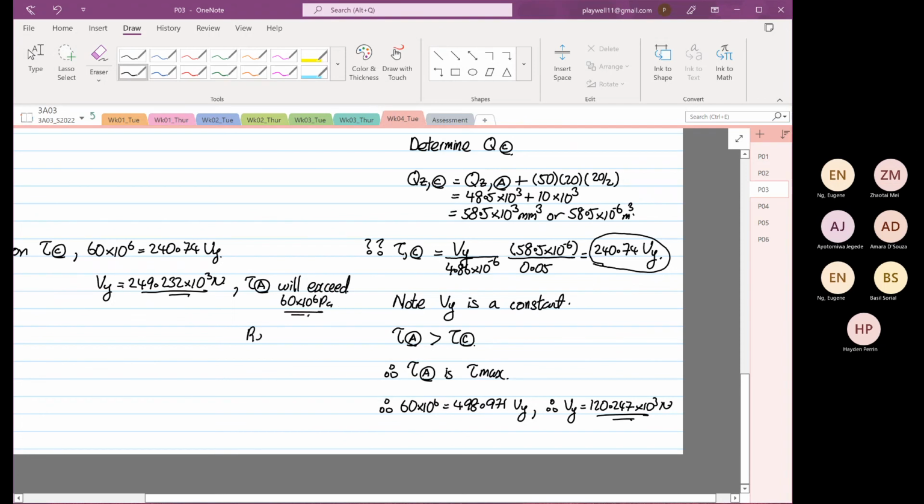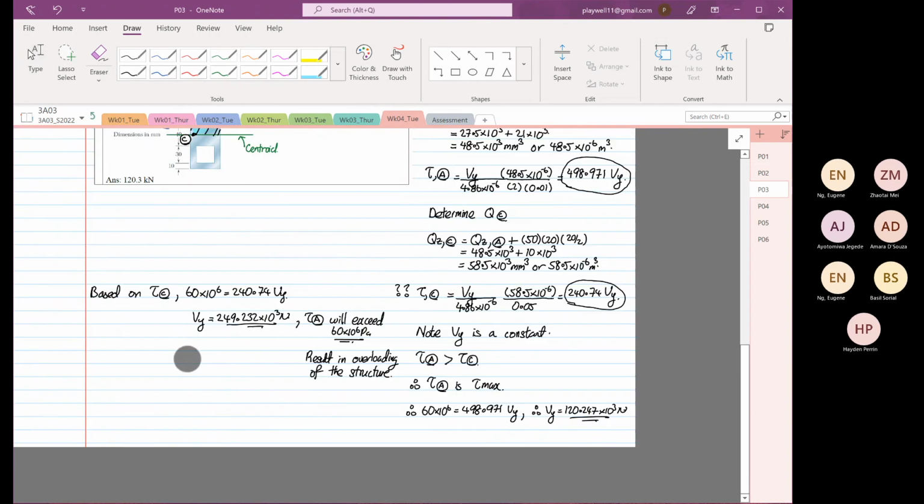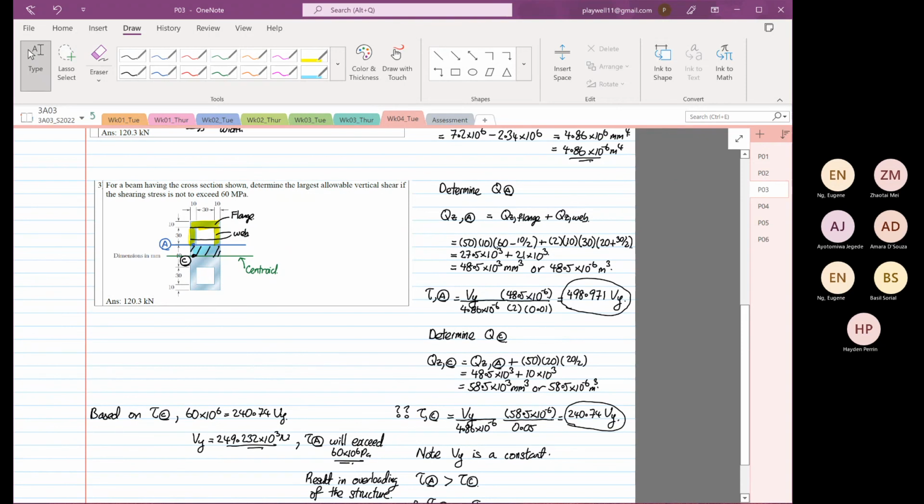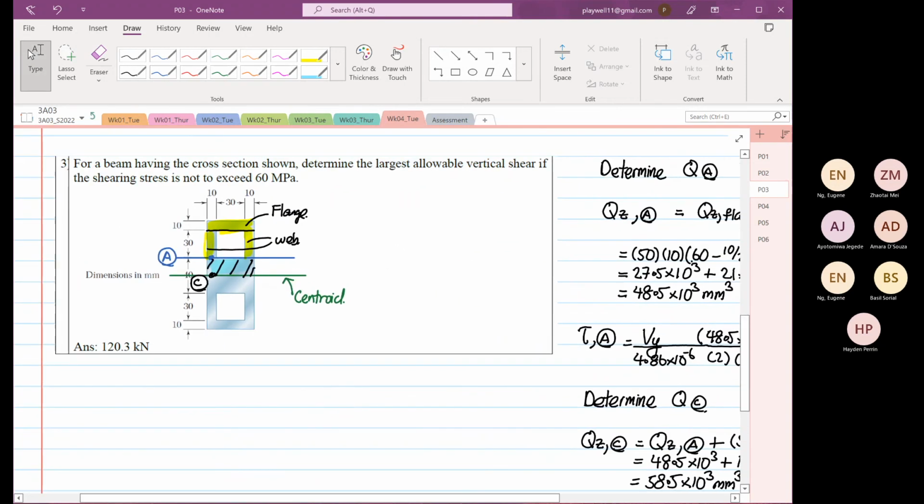This will result in failure, or in overloading of the structure, which will not work at all. Are we clear? So it's important. As I said, the most important thing I want to show you about this question is that if the thickness is not constant, the shear stress is not necessarily at the centroid, like for this case.